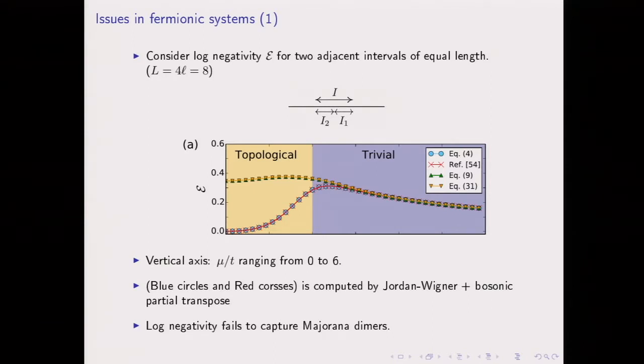So it seems like if I adopt the bosonic definition of partial transpose, it is incapable of capturing the fermionic correlations. What's happening here is the following. We are embedding fermion Hilbert space into bosonic Hilbert space, and we use the bosonic entanglement measure. But to get a meaningful fermionic state, what you shouldn't forget is that fermion Hilbert space is naturally graded in terms of fermion number parity.